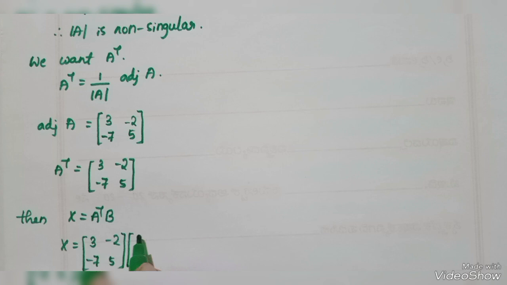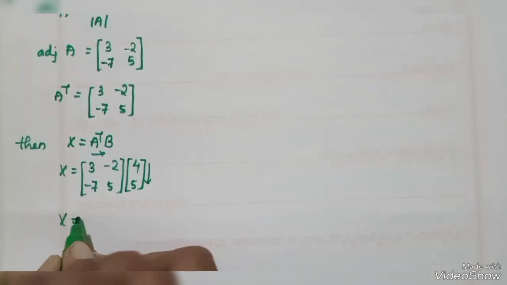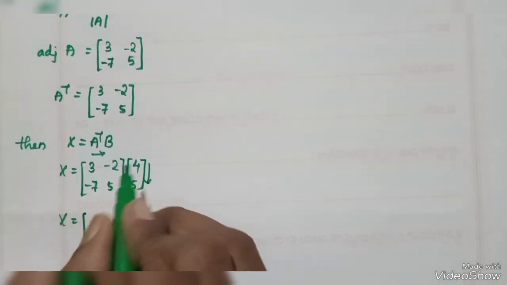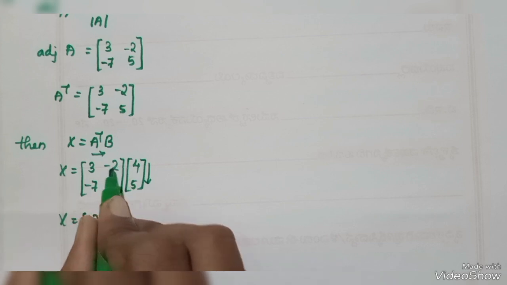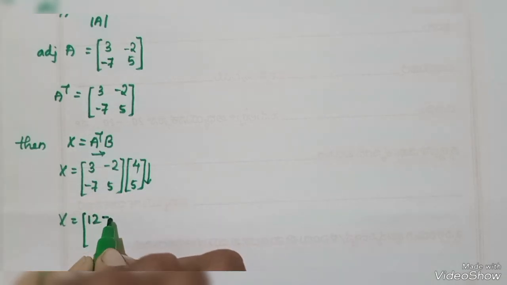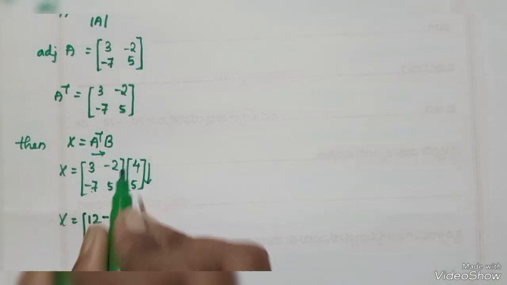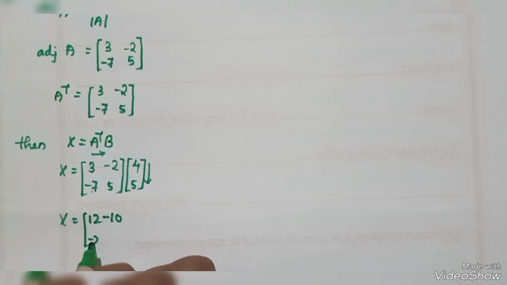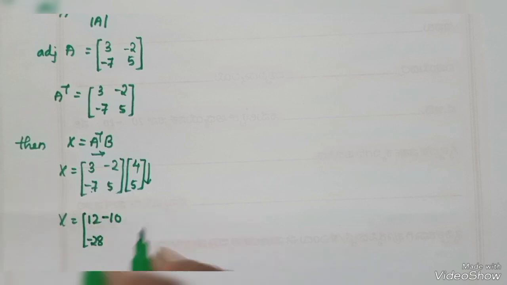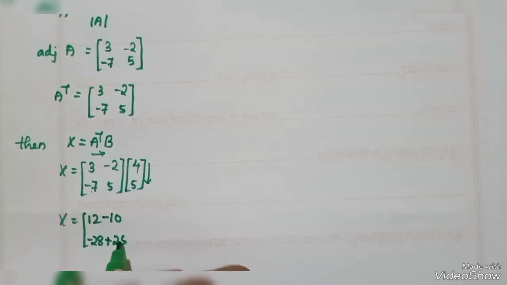What are the elements? 4 5. Taking multiplication row by column, X is equal to 3 into 4, 3 fours are 12, minus 2 into 5, that is minus 10, minus 7 into 4, minus 28, 5 into 5 plus 25.